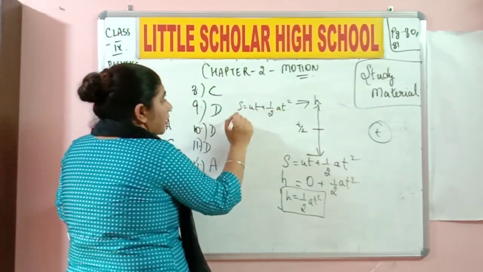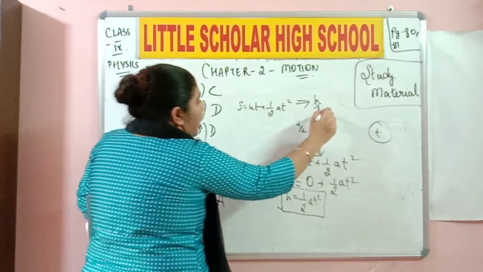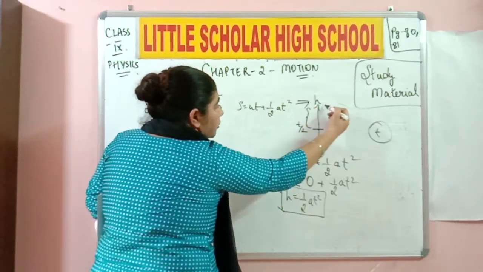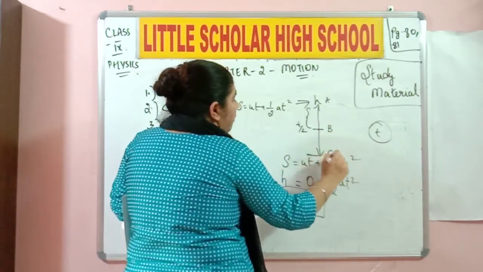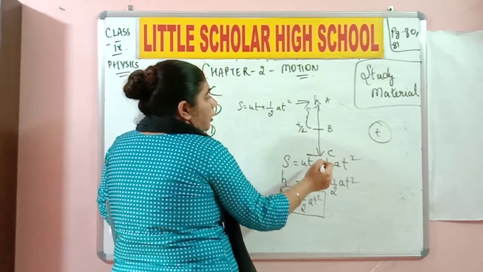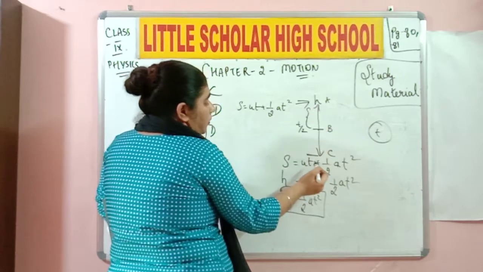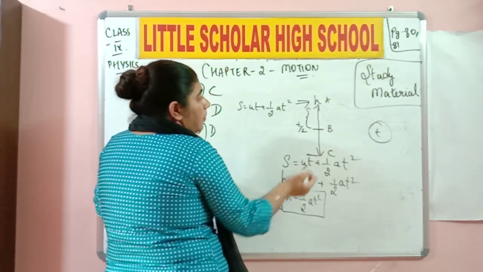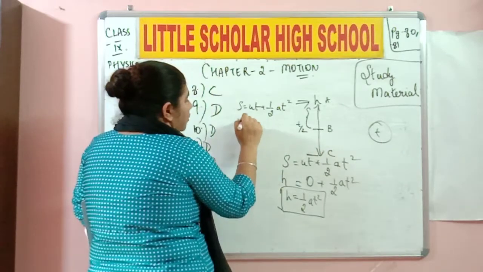Here, because we're calculating the second part, this means how much distance was traveled from this point to this point. For example, this point is a, this point is b, this point is c. C is the ground. To reach from a to c, the complete distance covered was the complete height, that is nothing but h. But to reach from a to b, the height will be written as h dash.